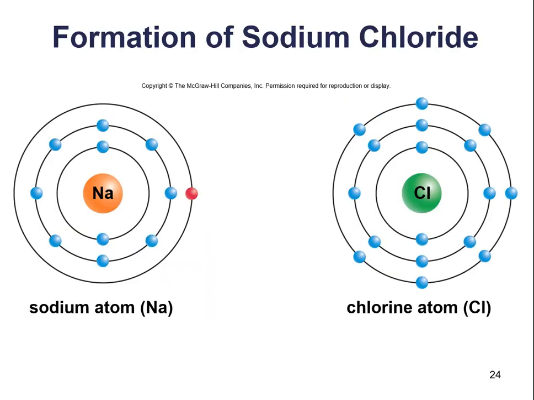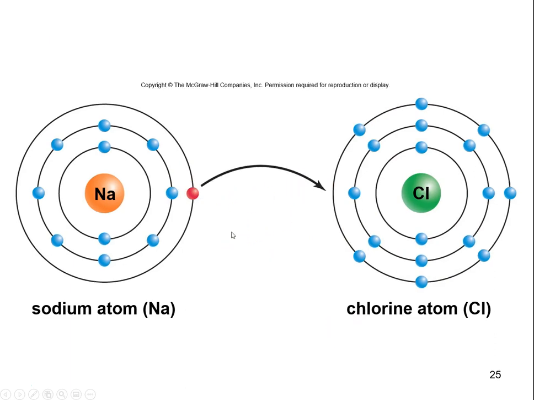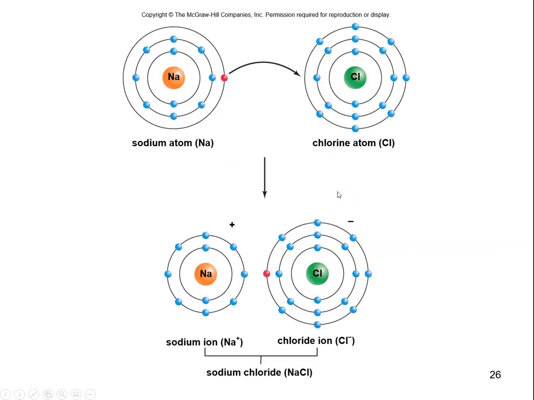Here's your sodium atom, and you can see it only has 1 electron in its valence shell. Your chloride atom here has 7. It's just looking for 1. So basically what's going to happen is this electron is going to move over here. When that happens, you have a sodium ion because it lost an electron, so now it has a positive charge.